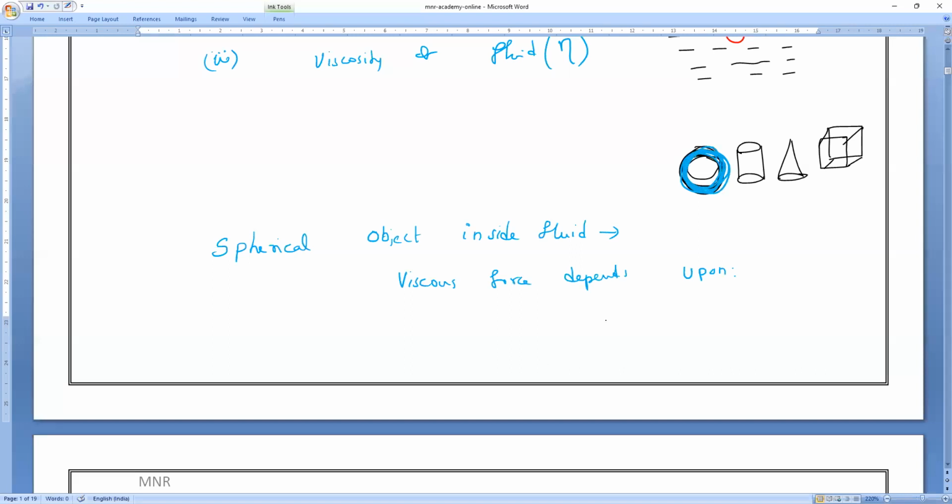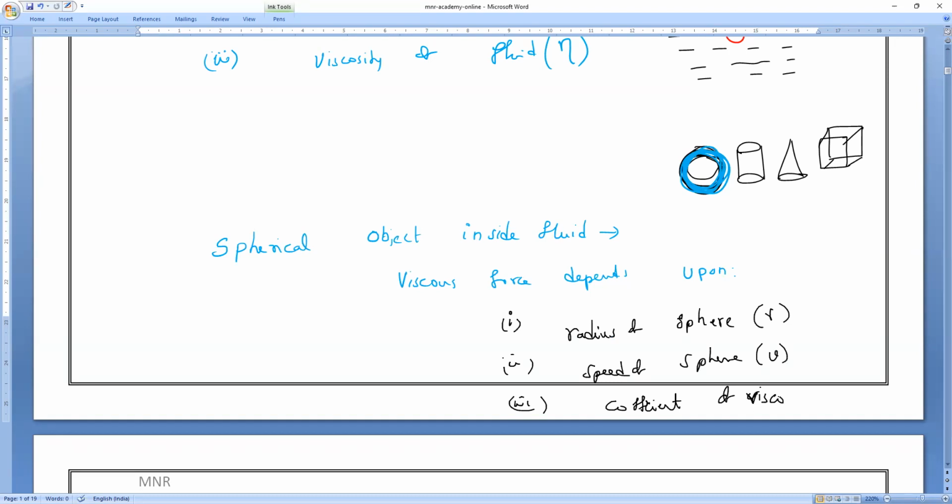Now it depends upon the radius of the sphere. Why? It is directly proportional to the radius of the sphere. Second, the speed of the sphere, directly proportional. And in the same way, third, the coefficient of viscosity. What is the symbol for the coefficient of viscosity? Anybody?